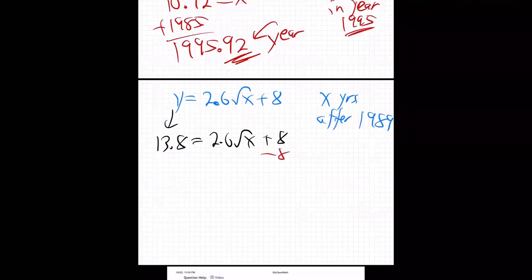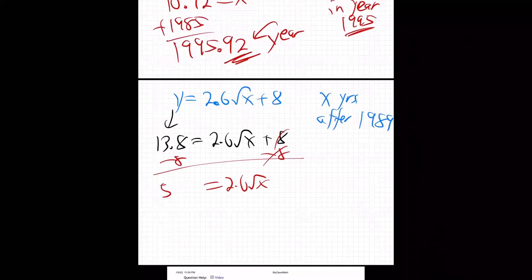So then we subtract 8 from both sides. 2.6 root x equals 5.8. And then we divide by the 2.6. Boom, boom. This is square root of x. And I use your calculator real quick.